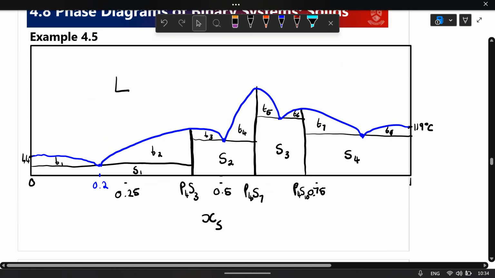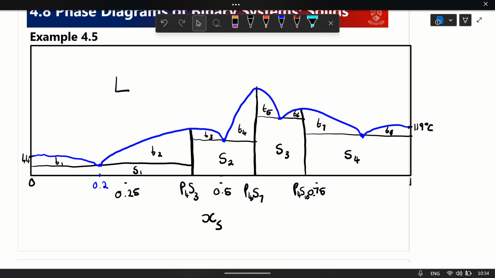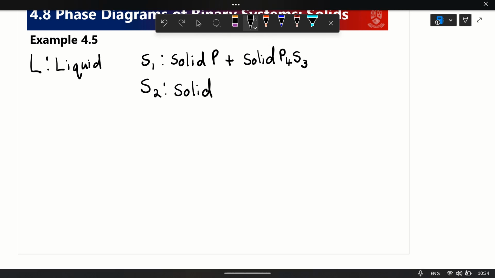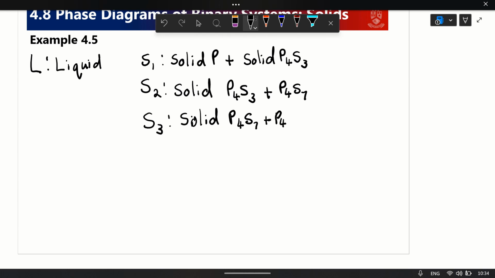This is now to the right of our binary compound, but it's to the left of our second binary compound. So it should be a mixture of those two binary compounds. So it will be a solid mixture of P4S3 plus P4S7. And then the same for the third solid region. We expect a mixture of P4S7 plus P4S10, right?